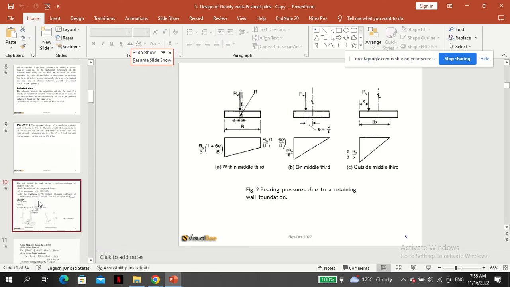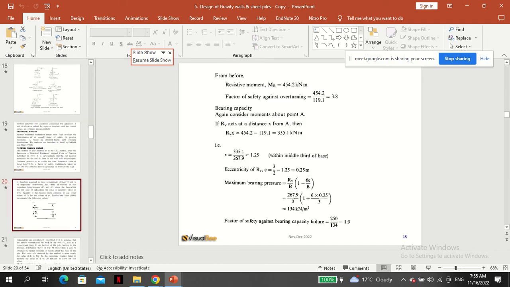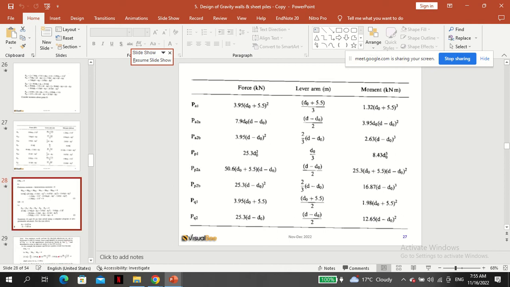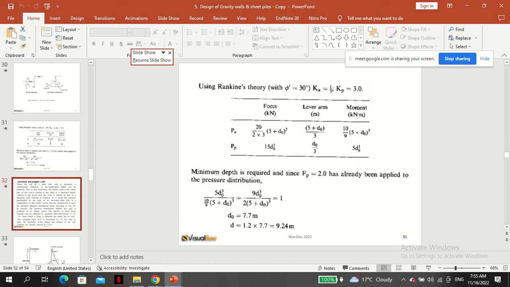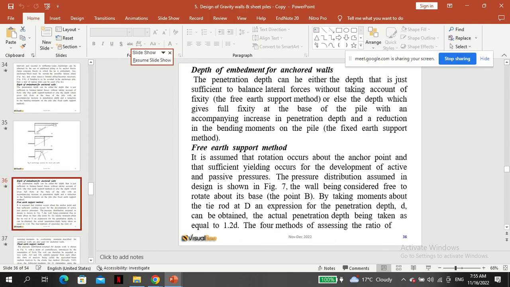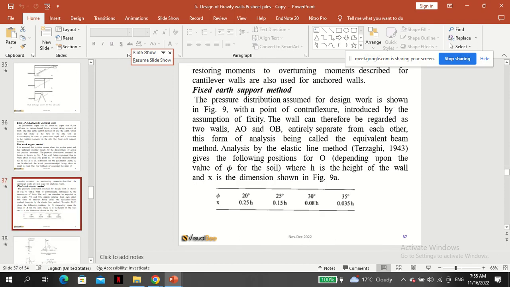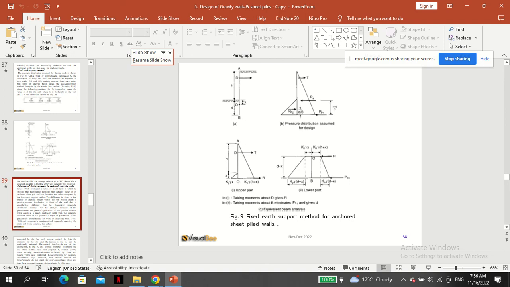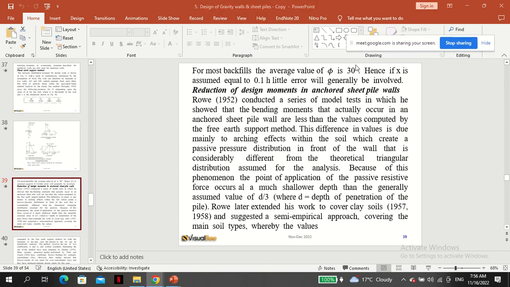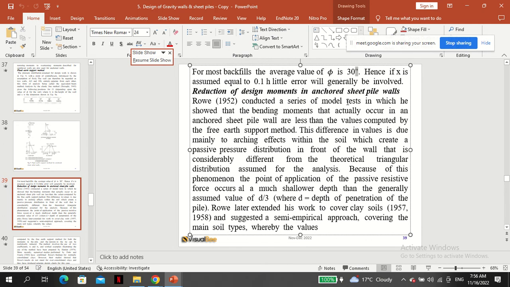So you can see the table for the position of x based on values of phi. And we know that embankment material usually has a friction angle of around 30, and that makes this very simple.